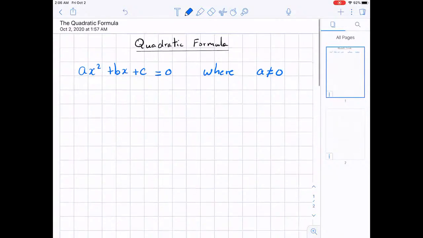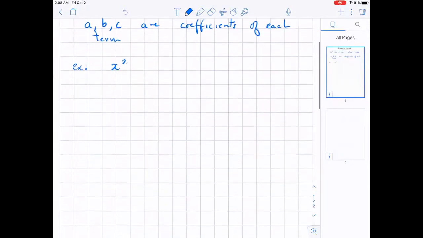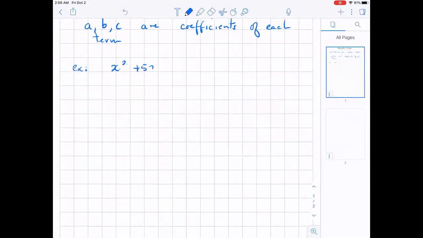So a, b, and c are coefficients of the terms. So for example, we have x squared plus 5x plus 20 equals 0.